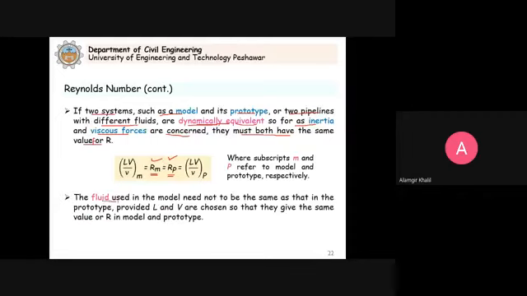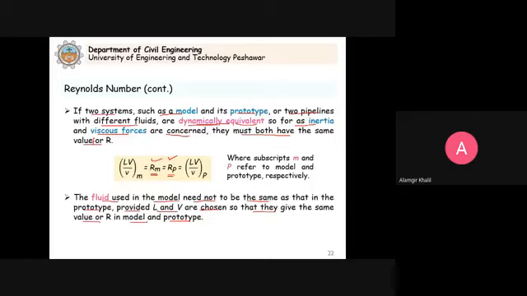So the fluid used in the model need not be the same as that in the prototype, provided L and V are so selected that they give the same value for R in model and prototype. This is what we have to take care of. Clear? In this case, the fluid can be different.